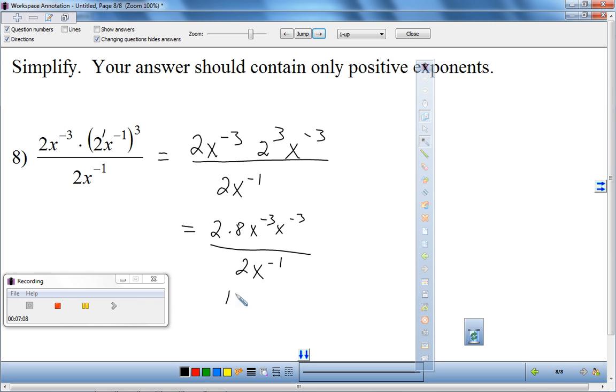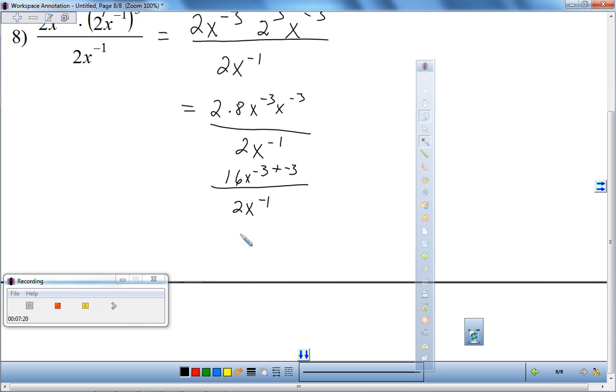Going to go ahead and multiply this out. So I get 16, then it's x. We're multiplying here, so we end up adding our exponents. Okay, so we end up with 16x to the negative 6 over 2x to the negative 1. I'm going to go ahead and divide out. So 2 goes into itself 1 time, 2 goes in there, 8.